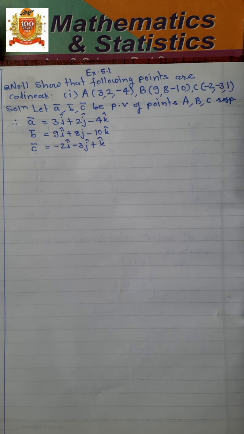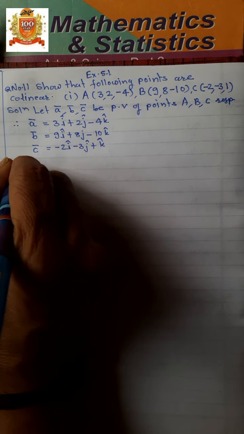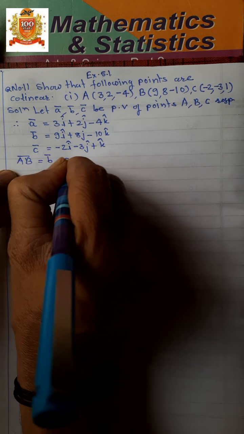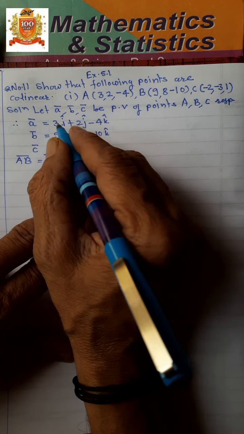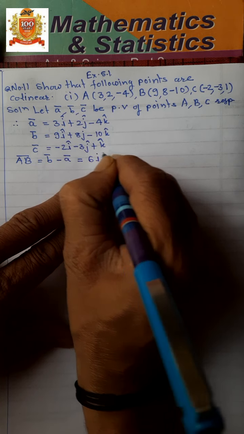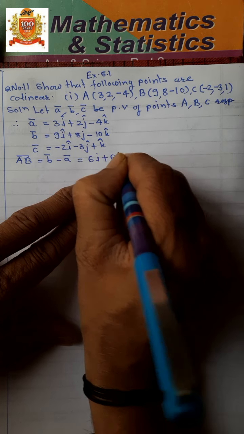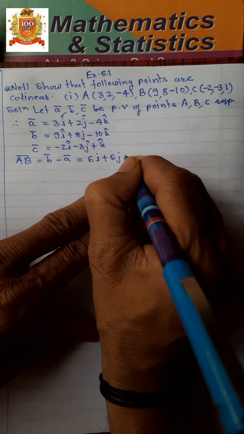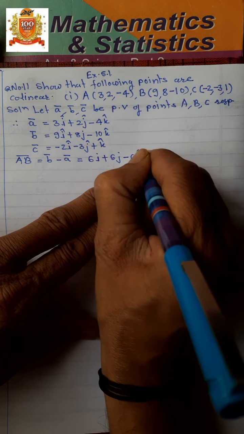Here we find AB bar and AC bar. AB bar is equal to B bar minus A bar. Directly we will write, 9 minus 3 is 6i, plus 8 minus 2 means 6j, minus 10 plus 4 means minus 6k.